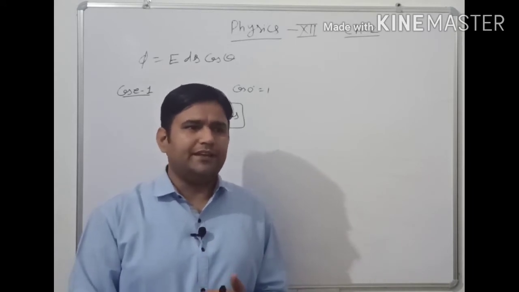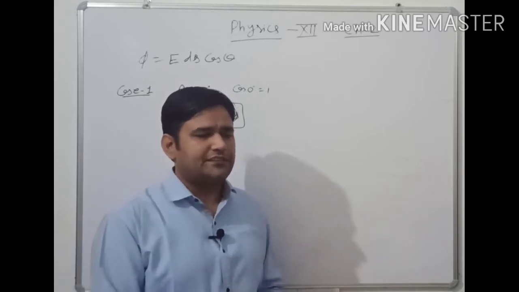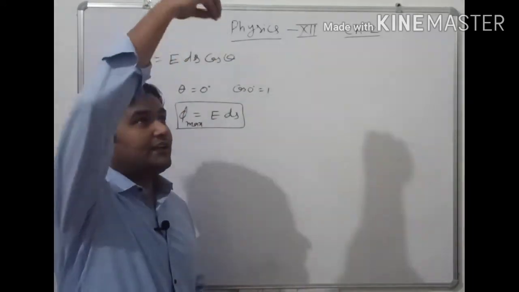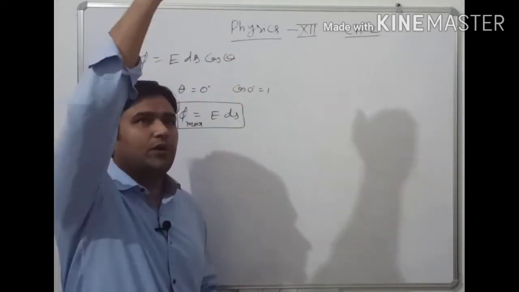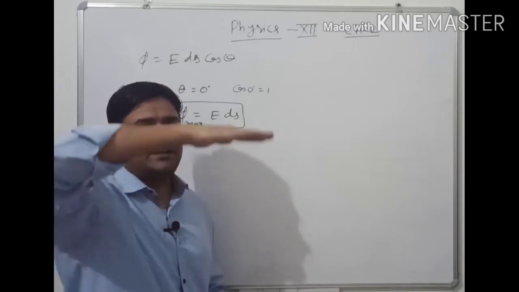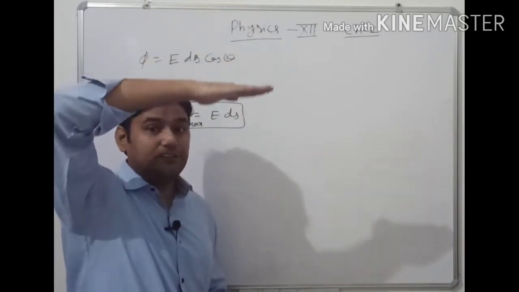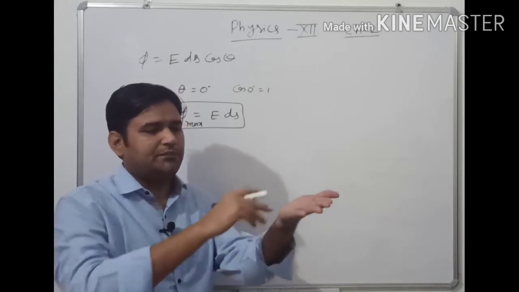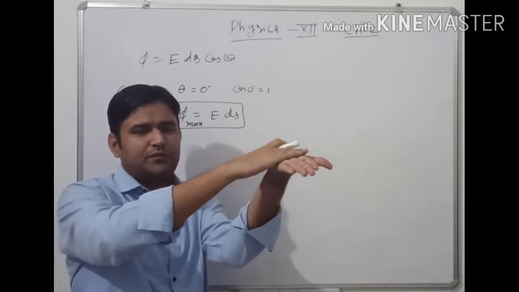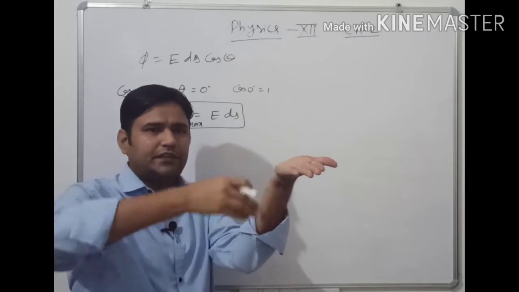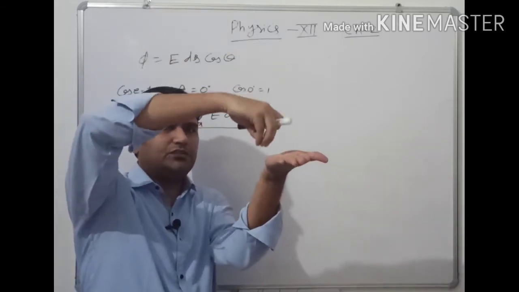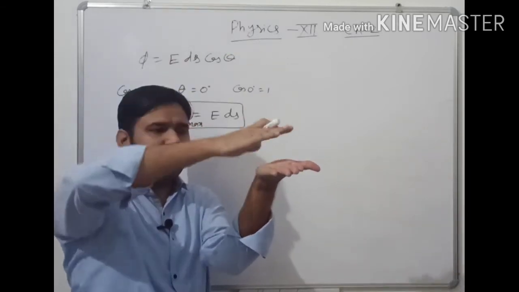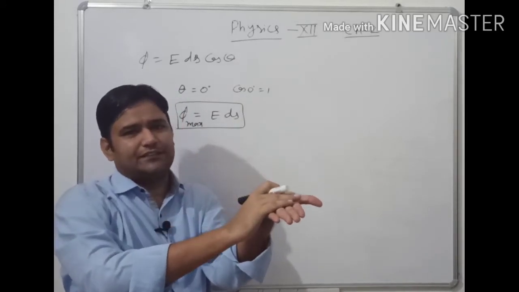Take the example of this room: the electric field lines are moving from top to bottom. Here I use the closed surface like my palm or my hand. Then the number of field lines passes through that surface, perpendicular to it.